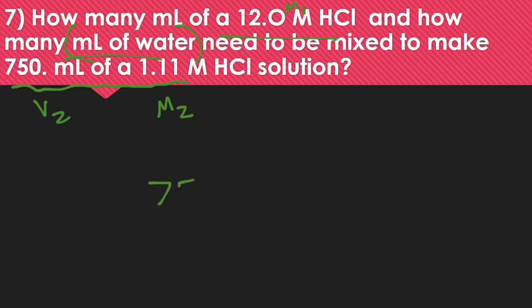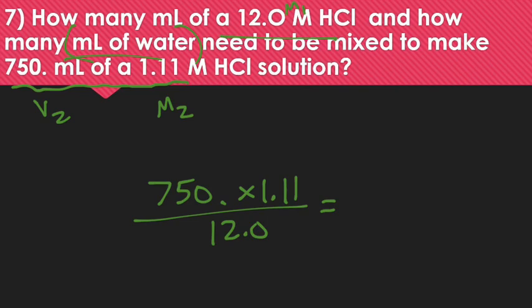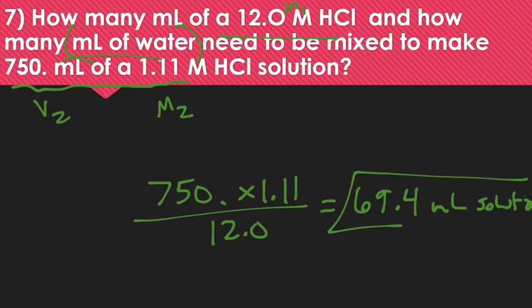Multiply them together. I think that's 750 times 1.11, and we're going to be dividing by that 12, and that's going to tell us that we need 69.4 milliliters. We need to start with that much of our 12 molar HCl in order to make this final solution.